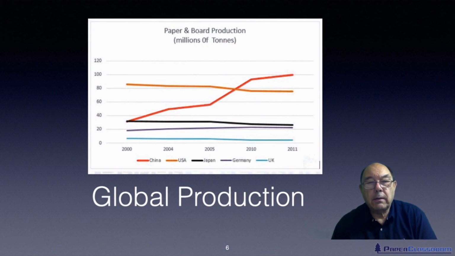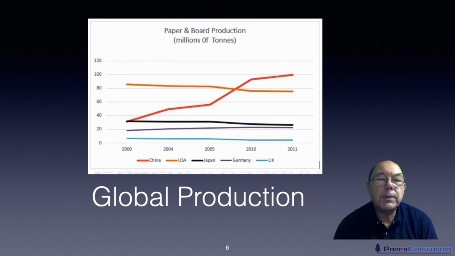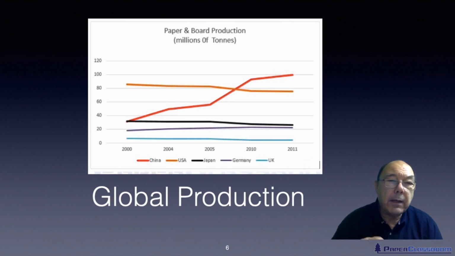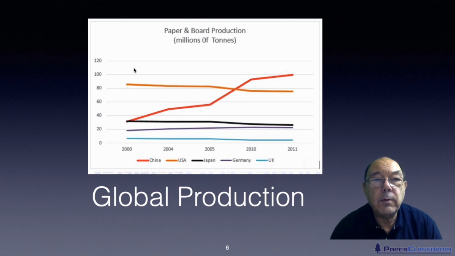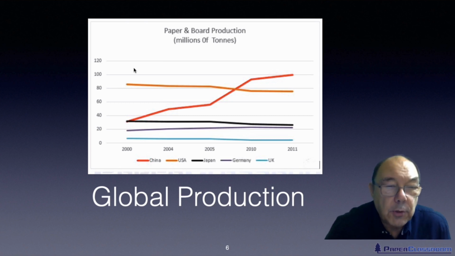This is just a very simple chart just to show you what's happened to paper production in various countries throughout the world. When I first started teaching papermaking, well before the year 2000, America here was the world's number one, with just over about 80 million tonnes a year being sold.